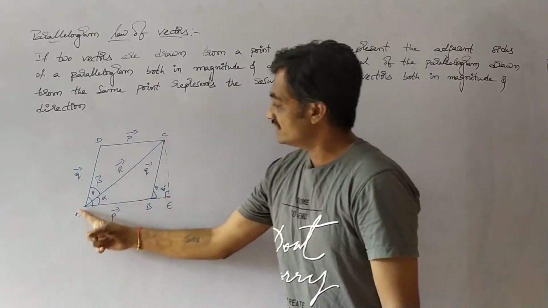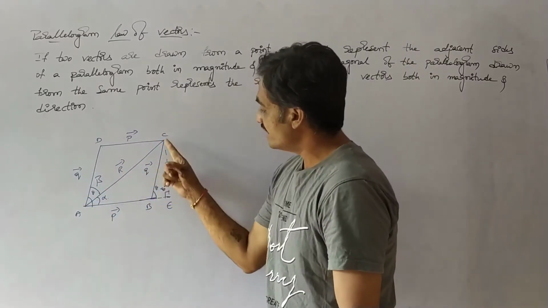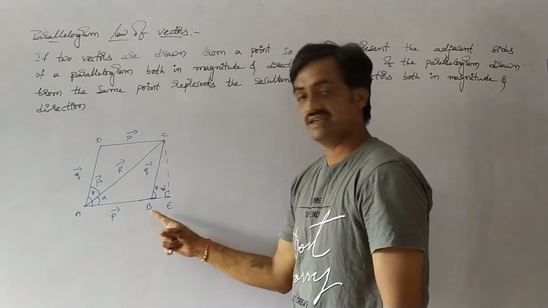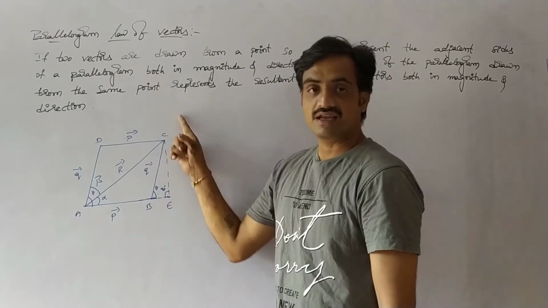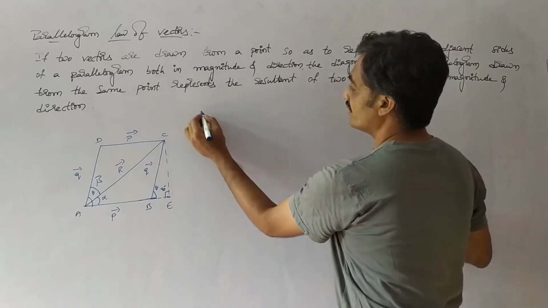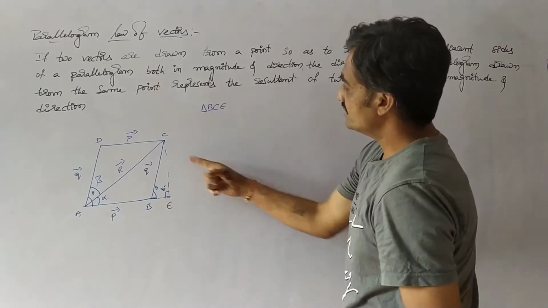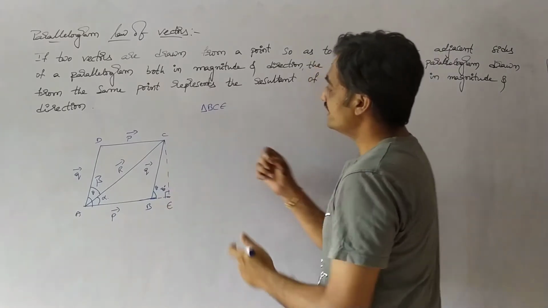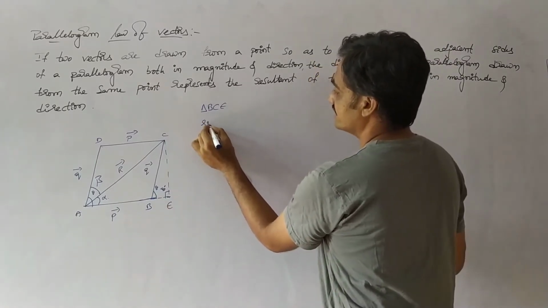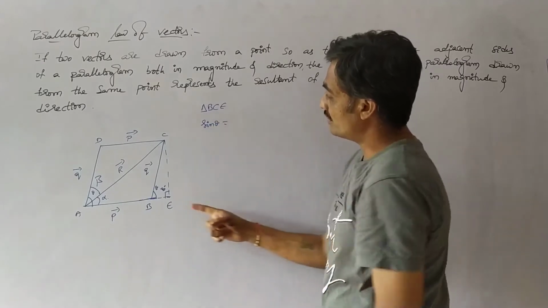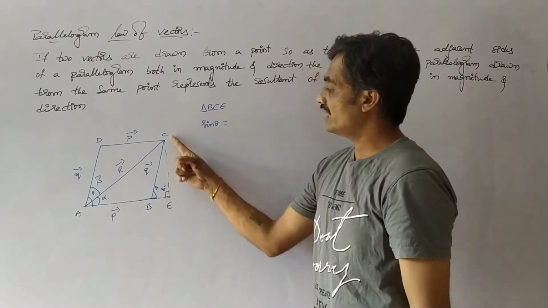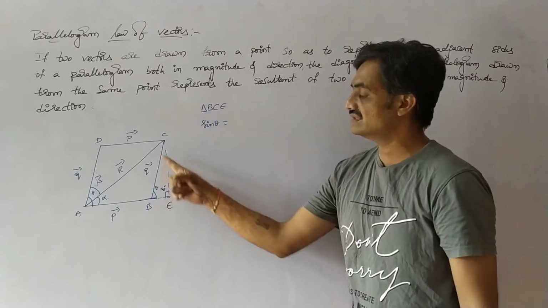Now I am going to consider triangle BCE. From triangle BCE, sin theta equals opposite side by hypotenuse. Why do we consider this smaller triangle?